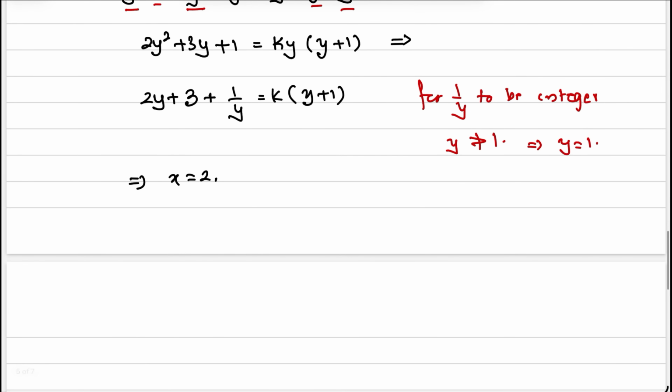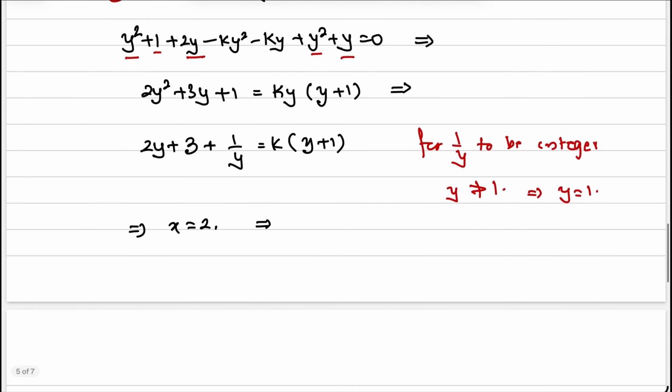And from here, k into 2 is equal to 2 into 1 plus 3 plus 1, which implies 2k is equal to 6. That implies k is equal to 3.